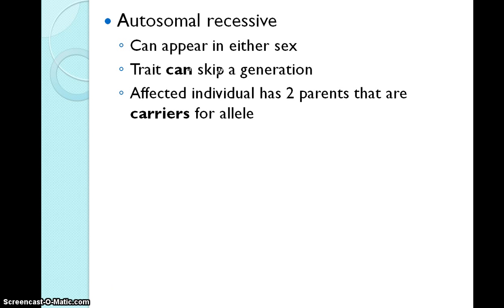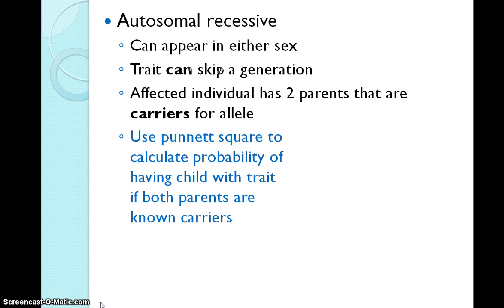Affected individuals need to have two parents that carry the recessive allele. Both parents must have at least one recessive allele in order for an offspring to end up with an autosomal recessive disorder. We can use Punnett squares to calculate the probability of having a child with a trait if both parents are known carriers.